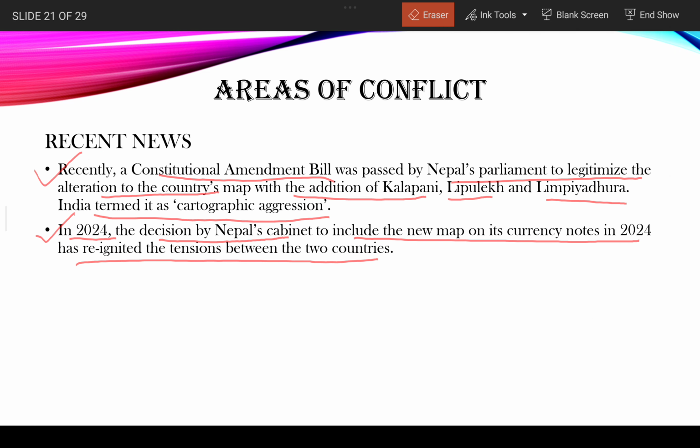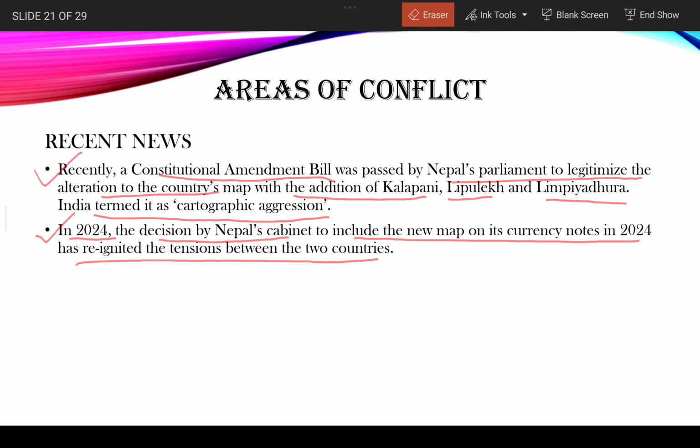Deep pockets is a term which should be used in various answers, because these are specific terms used in international relations, and these kind of terms are definitely going to provide an edge to you over the answers of others. So China has deep pockets, that's why it is of interest to Nepal.